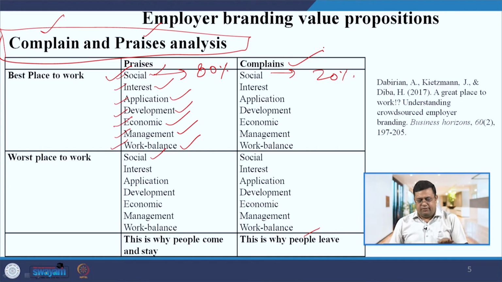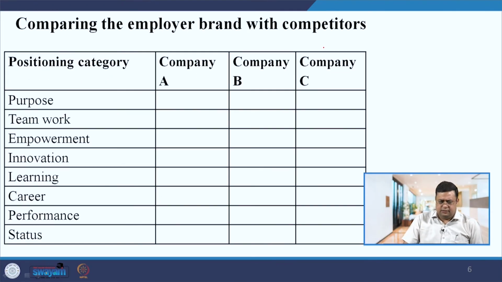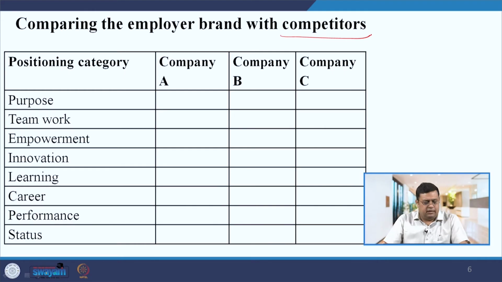So, this is the matrix that you can use in order to understand employer brand value proposition. Next, if you want to compare your employer brand with other organizations, with your competitors, then what do you need to do? Then you need to understand the common positioning categories for how your competitors are positioning their organization.